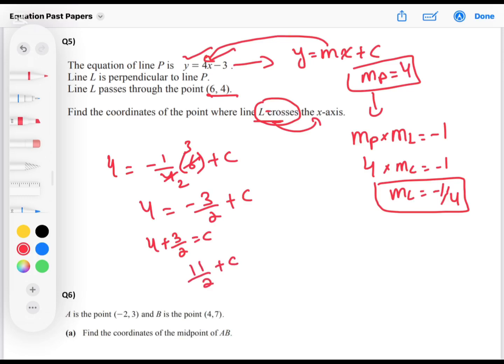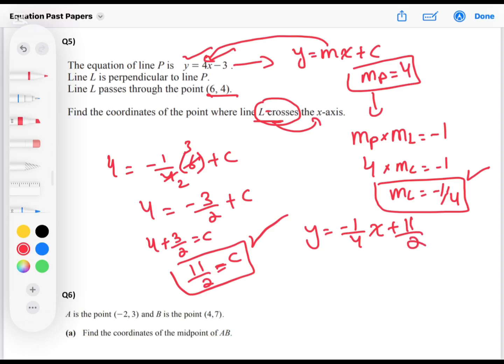So c, the y-intercept, is 11/2. So the equation of L will become y equals -1/4 x plus 11/2. Now we have found the equation of L.